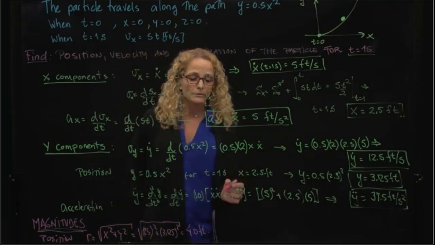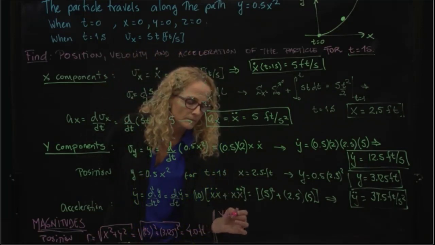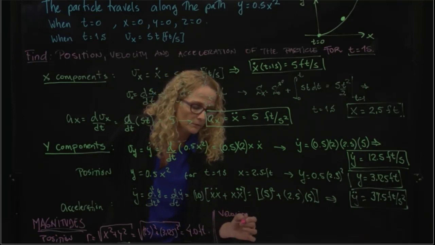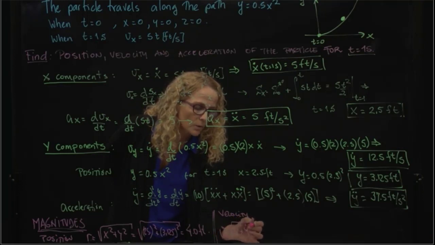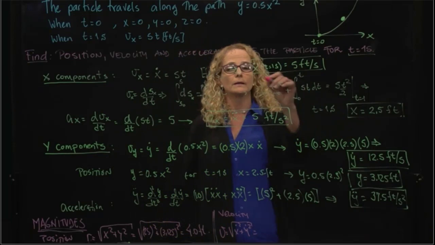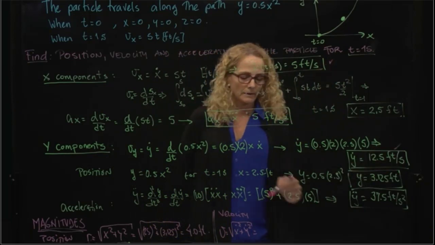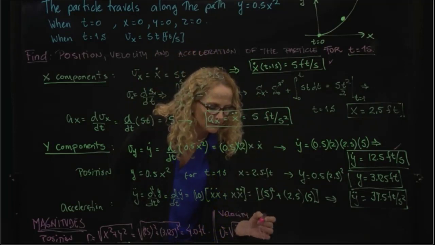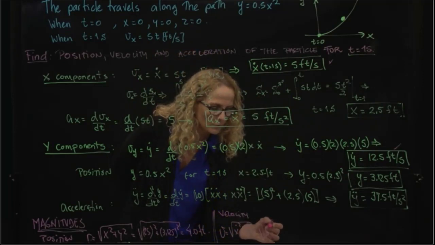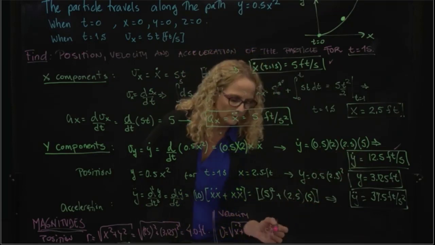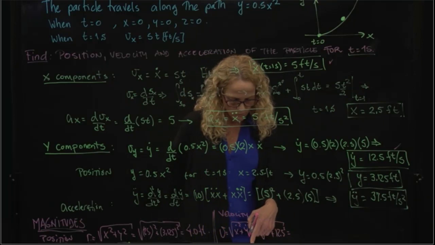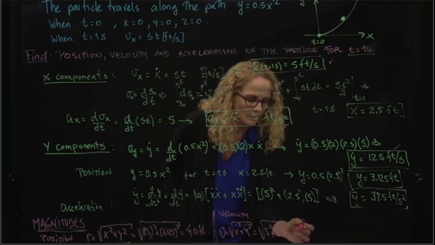I do exactly the same for the velocity. It will be the square root of x dot squared plus y dot squared, and I have the values right here. If I square those two values, I get 5 squared plus 12.5 squared, which is equal to 13.5.